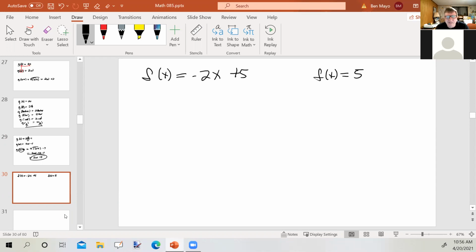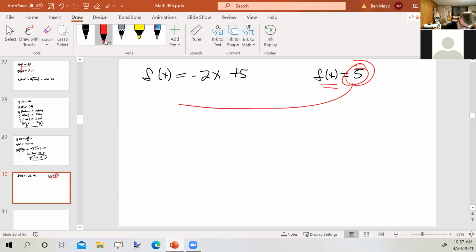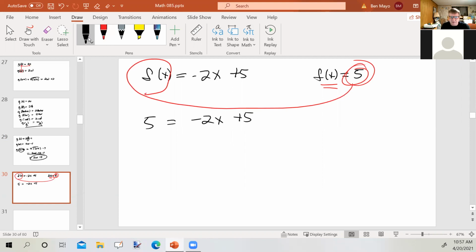So this is kind of like Jeopardy, where we have the answer, but what's the question? We have the output, but what's the input? What value of x put into the function would give us 5 as an output? Recall that f of x is another name for y, okay? So what we're going to do is we're going to take this 5 and put it in the place of f of x, and then solve for x.